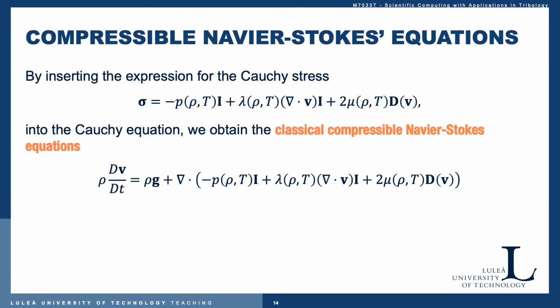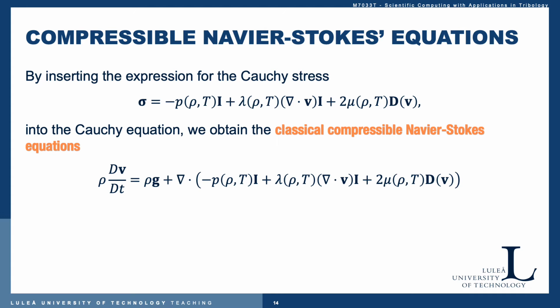So if we insert the expression for the Cauchy stress for the Navier-Stokes fluid model into the Cauchy equation, we obtain the classical compressible Navier-Stokes equations, and they may be formulated in matrix vector form like this.